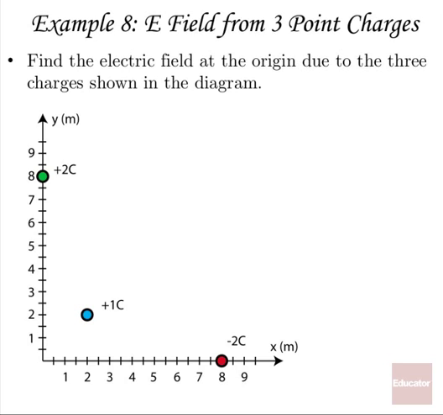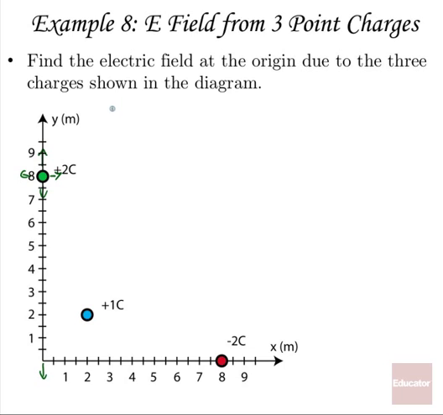So let's start by looking at our green charge up here at (0, 8). If that's a plus 2 charge, the electric field is going to point away from it, so we're going to have the electric field going in all these directions. And at the origin, that must be pointing down. So right away, we know that we only have to worry about the y component.